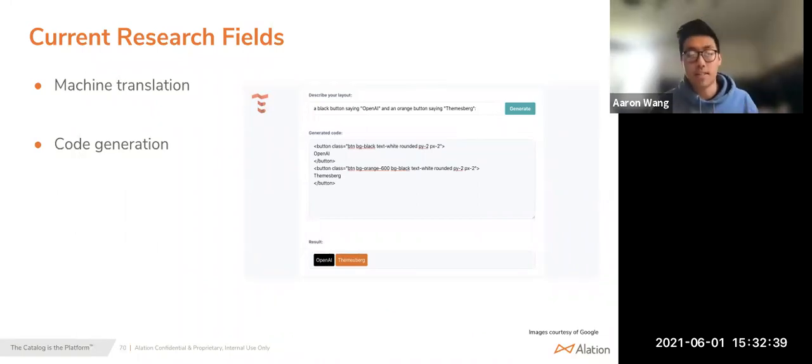This is a different type of task because not only do you want the code that you write to be syntactically correct, but you also want it to output what it was meant to output. So you have two different hurdles, whereas from natural language to natural language, you could get away with it since there are multiple ways of saying the same thing. So these are two separate tasks.